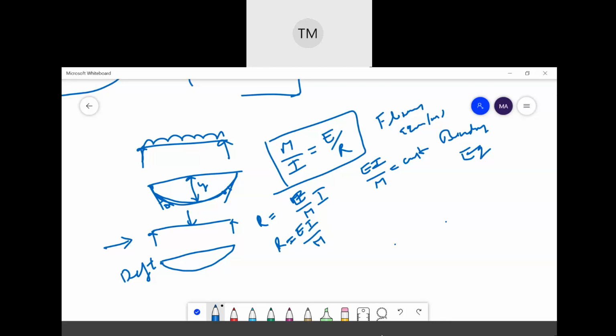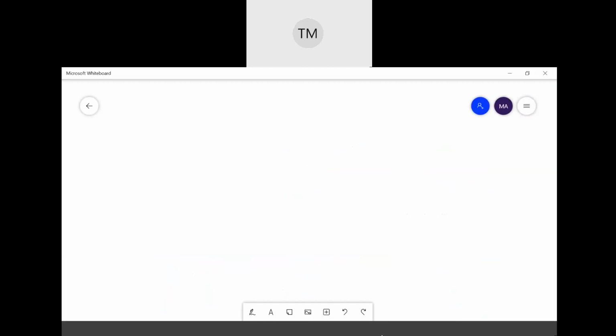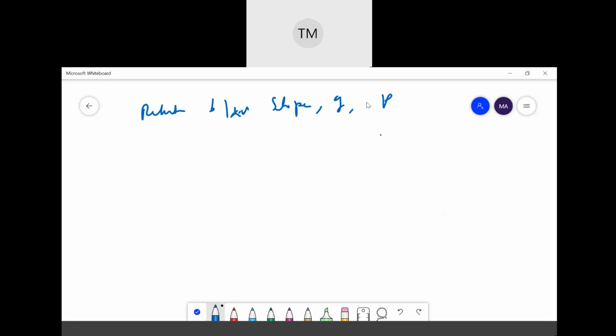You have a small derivation, that is the relation between slope, deflection and radius of curvature r. What is the relation here? You have a small derivation, you can refer to the textbook.